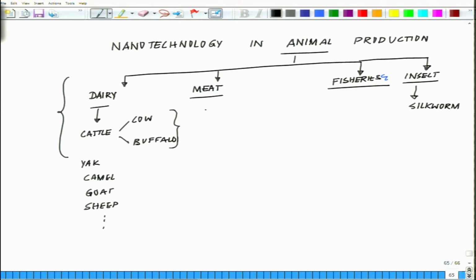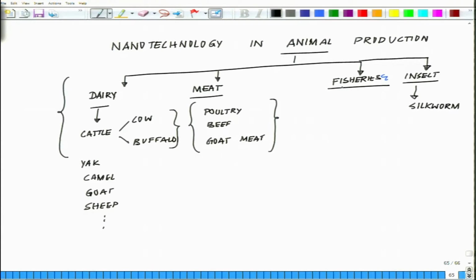In terms of the meat, you have poultry, you have beef, you have goat meat, and a few others, but these are the ones which are prominent.